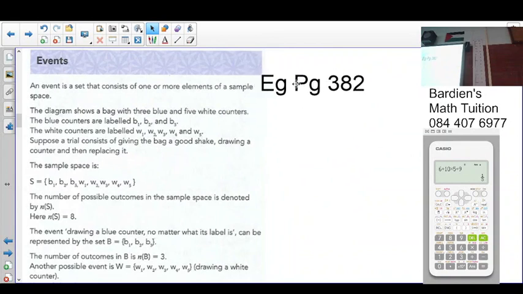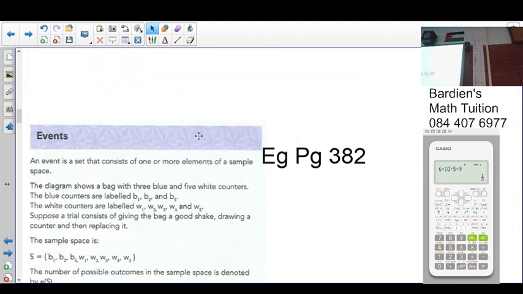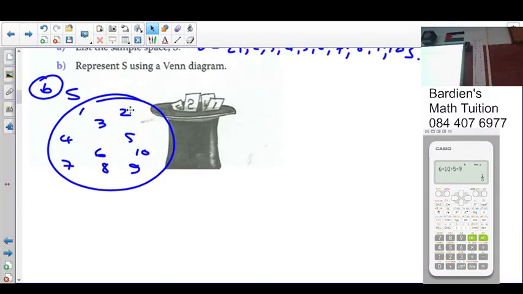Reading from page 382: an event is a set that consists of what? Basically, if you look inside the sample space, these are elements inside. Say for argument's sake, we're only going to consider the multiples of 5.